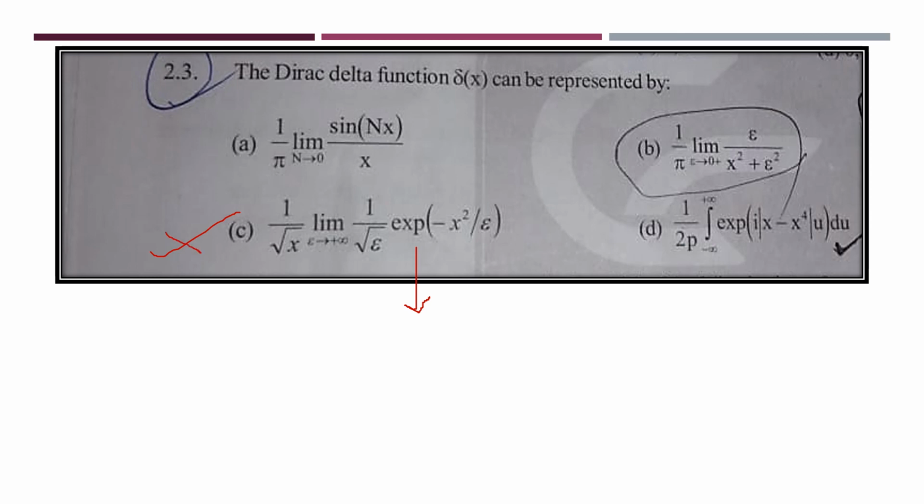And option D is given as exponential of iota something, which will also give some finite value except 1. So this will be discarded, and this is also discarded. So option B will be our correct answer. So our problem is solved.